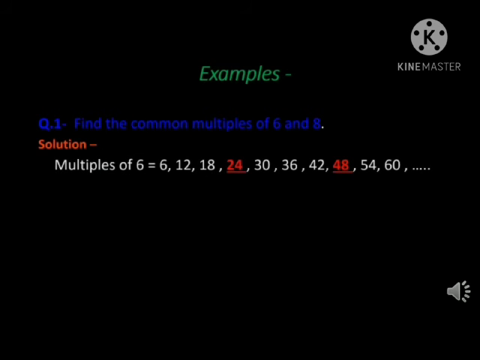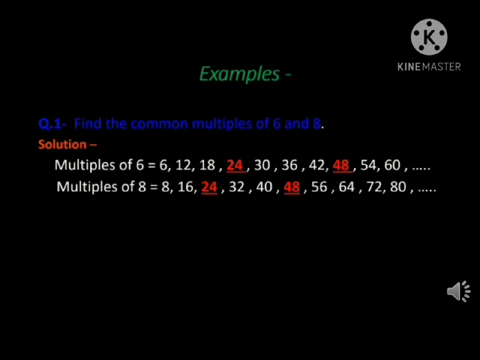Now let us see some examples on the basis of common multiples. So the question is, find the common multiples of 6 and 8. Let us find multiples of 6 are 6, 12, 18, 24, 30 and so on, and multiples of 8 are 8, 16, 24, 32, 40 and so on.